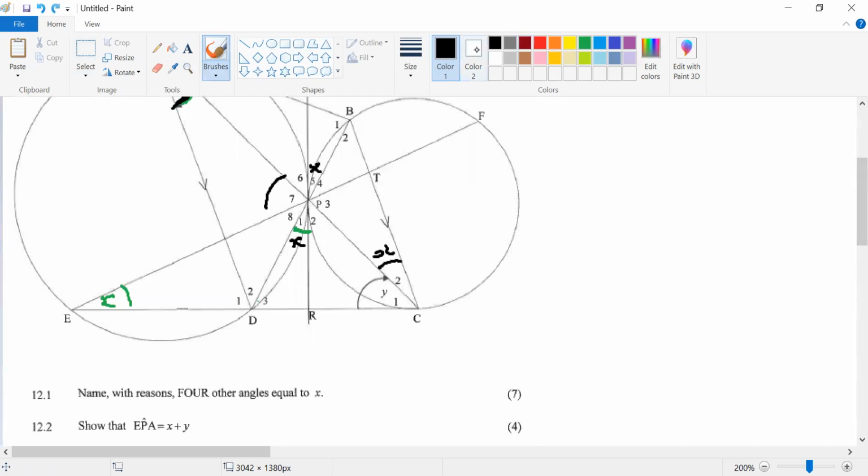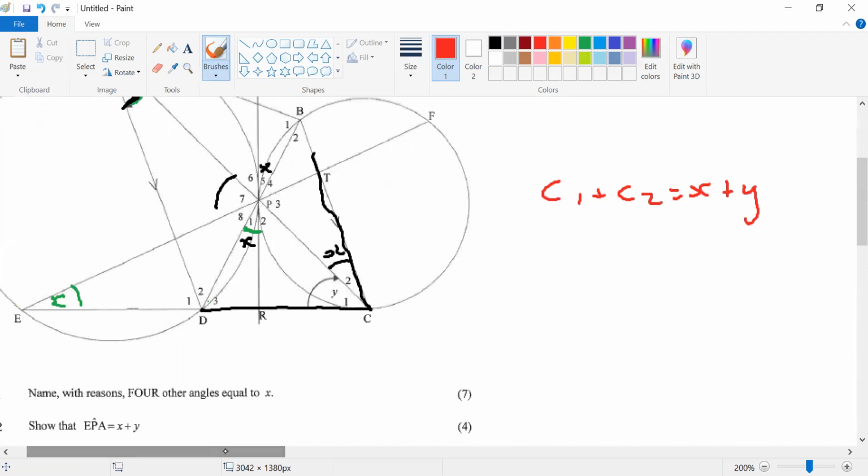And if I look at this big angle right here, that angle is actually equal to x plus y, because that angle is basically C1 plus C2, which is equal to x plus y. So we can just call this angle DCB, and that's equal to x plus y. So we have somewhere to start off.